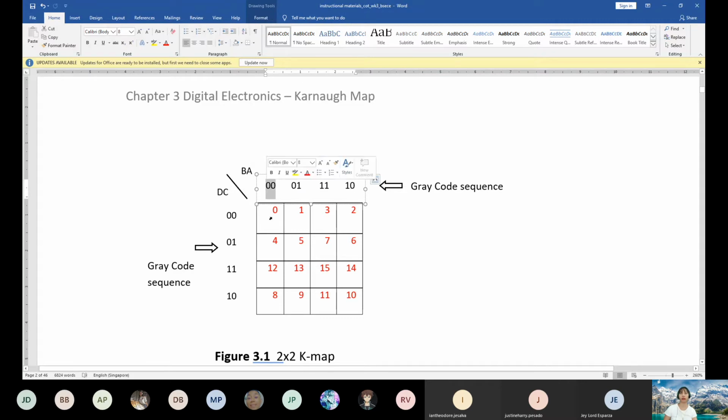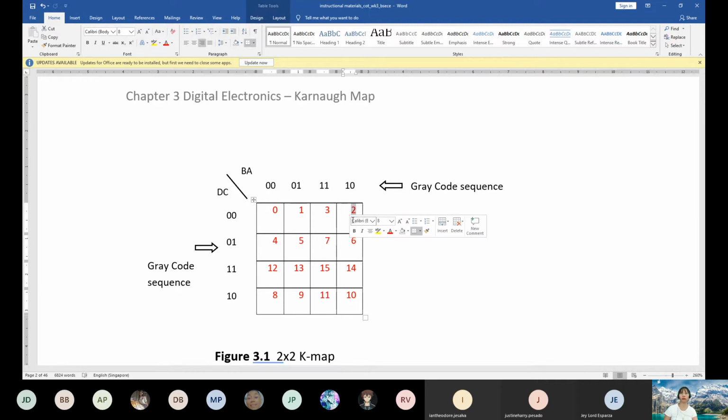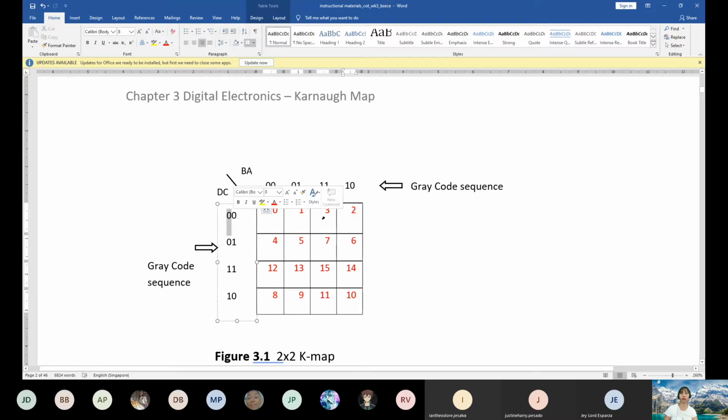So this is input 0, and this is input 1: 0 0 0 1. Input 2 is 0 0 here, 0 0 1 0. And then input 3 is 0 0 1 1.